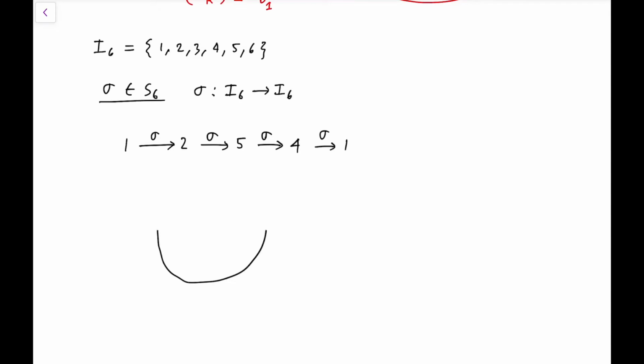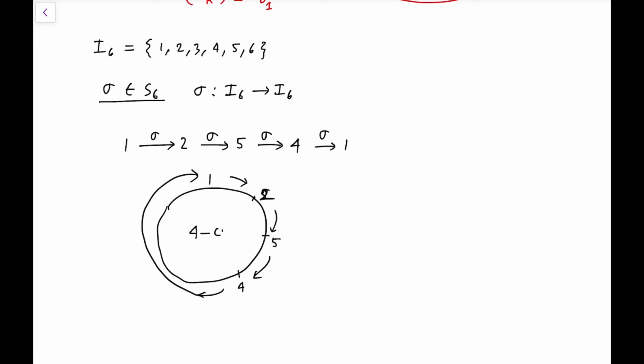So 1 is getting mapped to 2, 2 is getting mapped to 5, 5 is getting mapped to 4, 4 is getting mapped again to 1. So this is basically a 4-cycle.